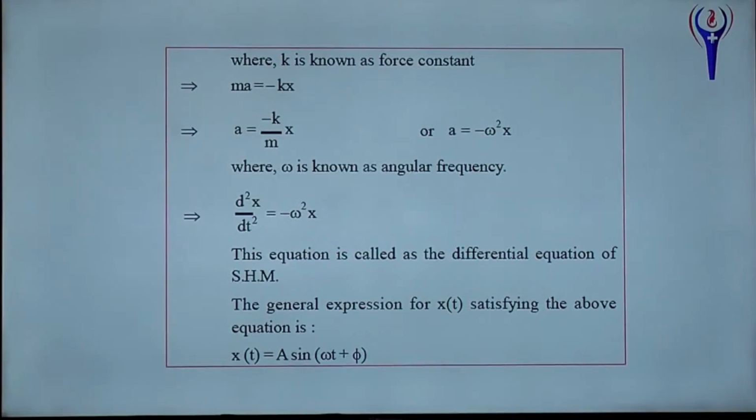Here omega square equal to k by m, and omega is the angular frequency. From this only we will do many problems, as omega equal to square root of k by m.